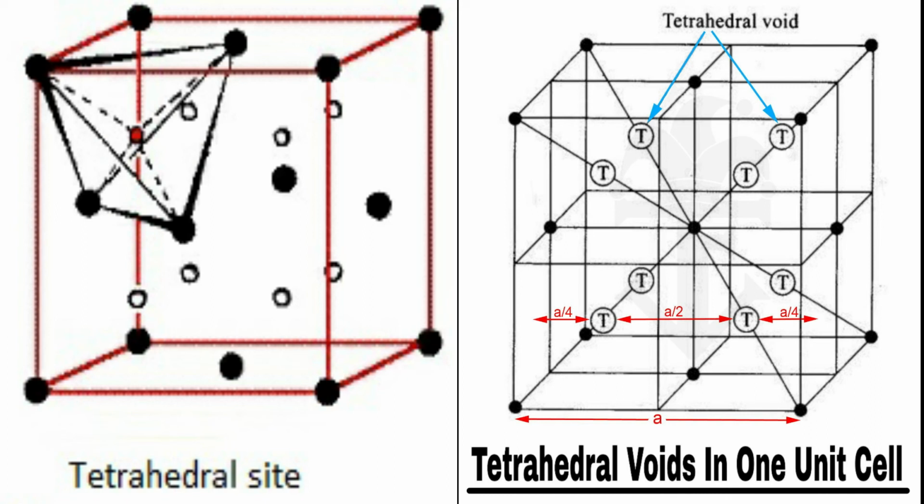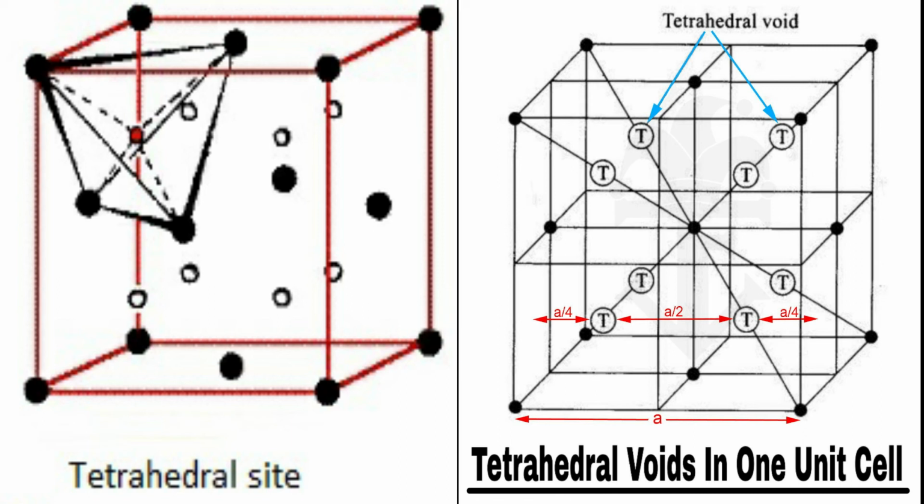Now come to the second diagram, the right side diagram. Exactly opposite this tetrahedral void there is another tetrahedral void along the body diagonal. Body diagonal means I consider a vertex or corner, draw the line up to the center, and extend the line to the same extent, and you will find the other vertex or corner. Those two vertices are along the body diagonal. Now how many corners are there? 8.